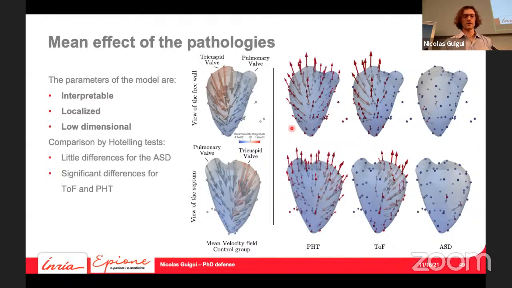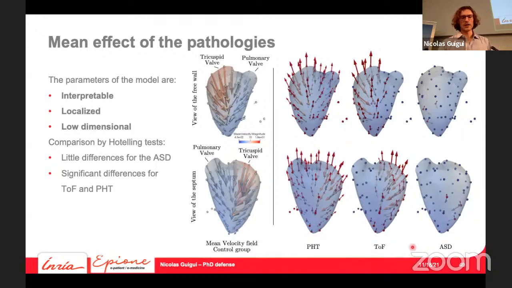So here on the left figure, this is the mean parameters of the control group represented on the atlas. And on the right, these are the mean velocities for each group, represented in red when they are significantly different from the control group.